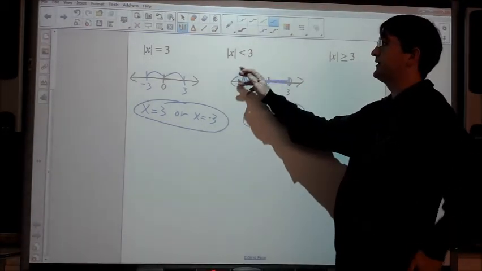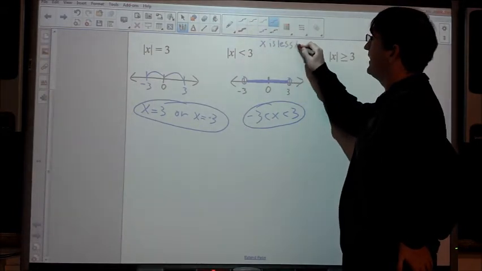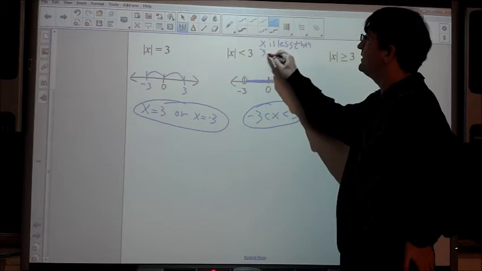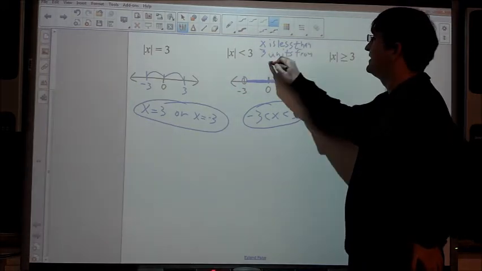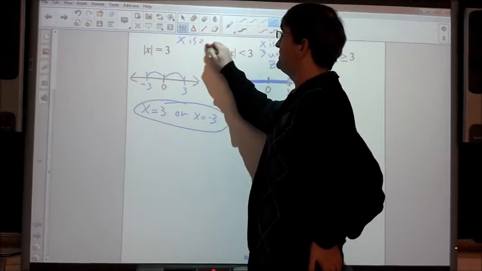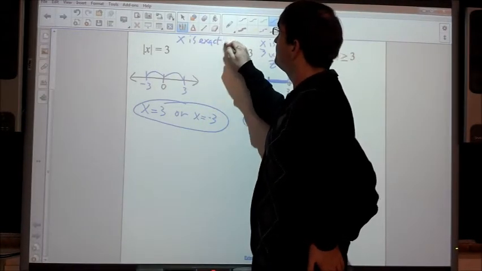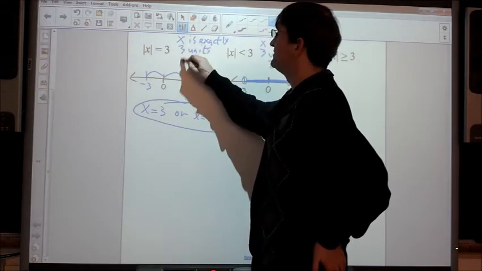But this is what I'm saying here. Here I'm saying that x is less than 3 units from 0. Here I'm saying that x is exactly 3 units from 0.